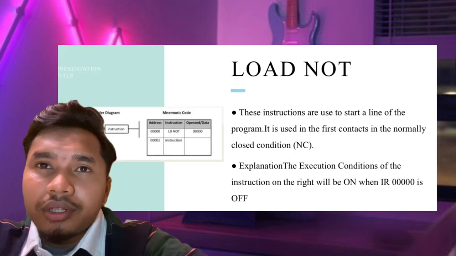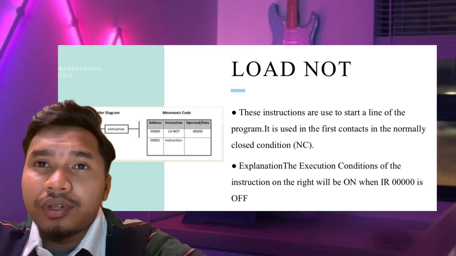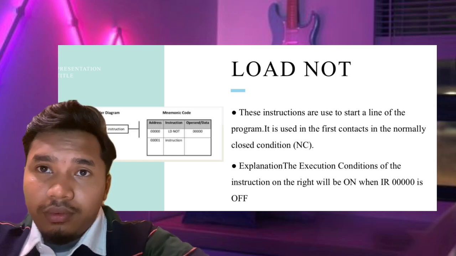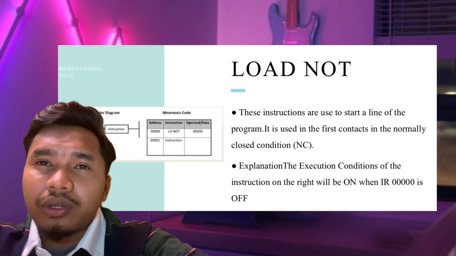Load not. This instruction is used to start a line of the program. It is used in the first context in the normally closed condition. Explanation: the execution condition of the instruction on the right will be on when IR 00000 is off.